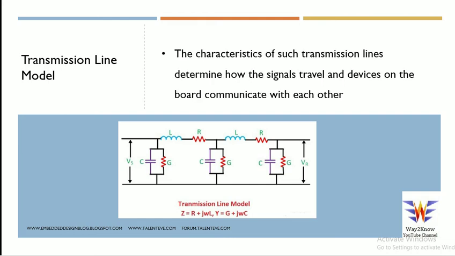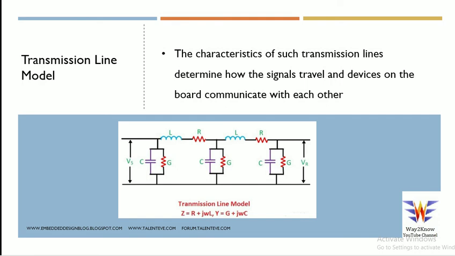Now this transmission line characteristic which we are talking about determines how the signal passes from IC1 to IC2 and how it gets affected. So these characteristics of the transmission line are very important in high speed designs and determine how efficiently the system works, which indirectly depends on communication between various ICs on the board.